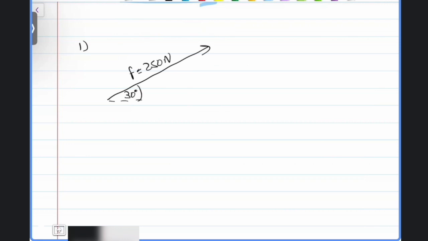So what we're going to do is now create a force in the x direction, and a force in the y direction. Okay, so we always do it in that form. First we go in the x, and then we go in the y direction.